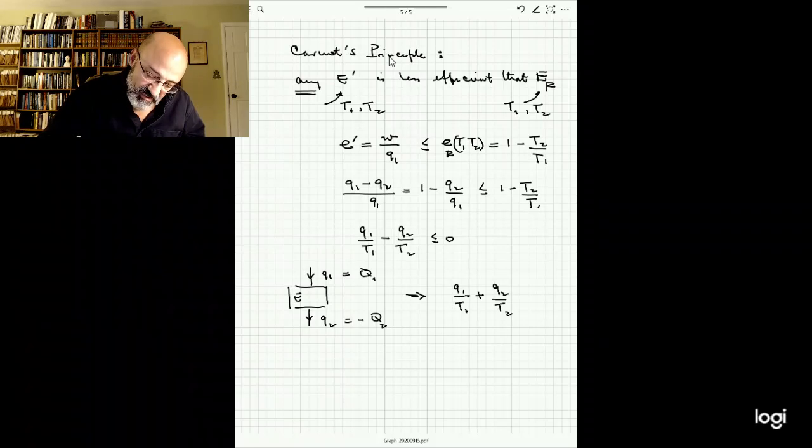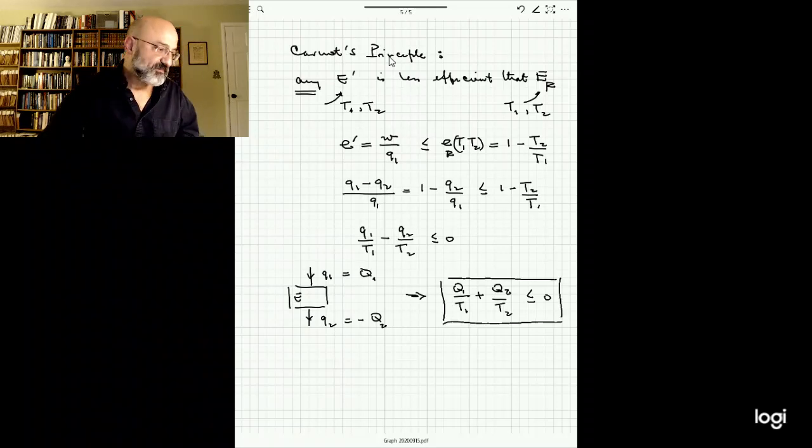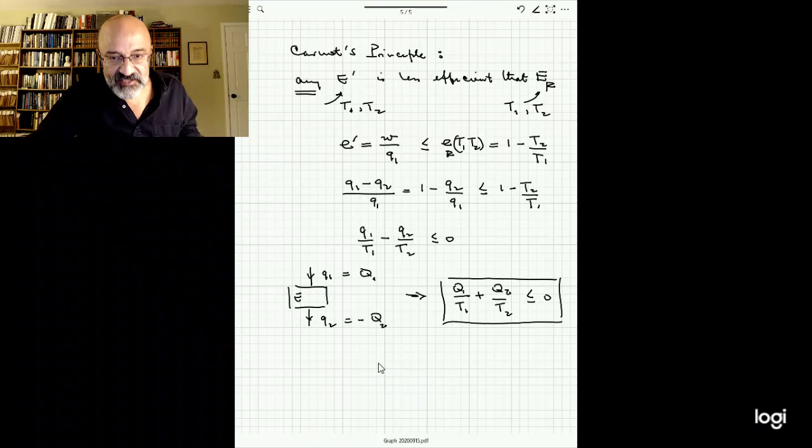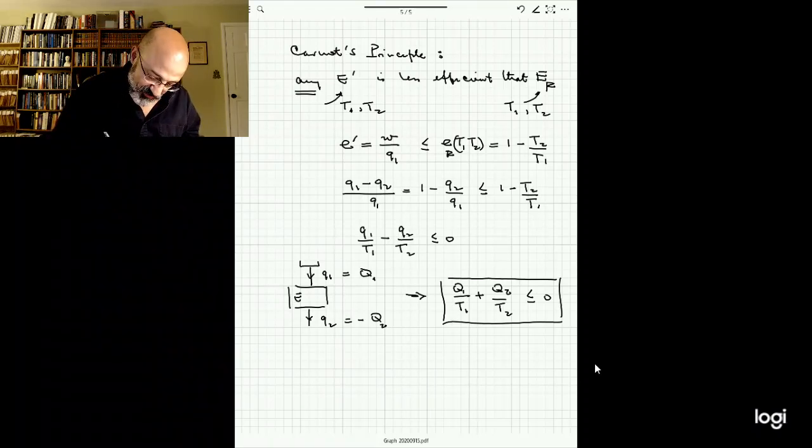Q1, Q2. This is negative. Now this is just for an engine that has two reservoirs.